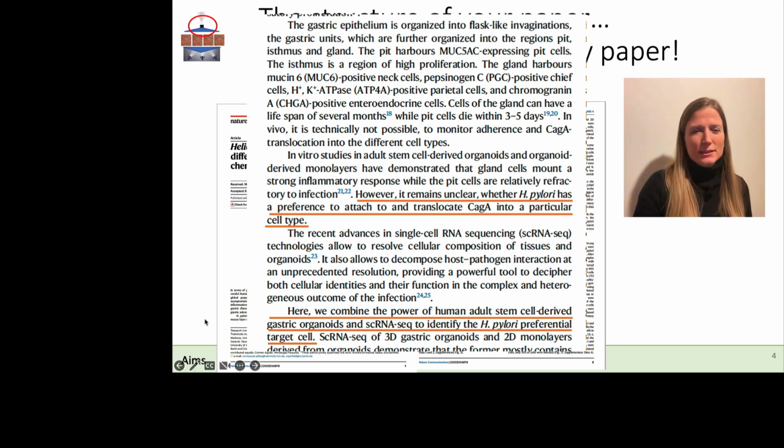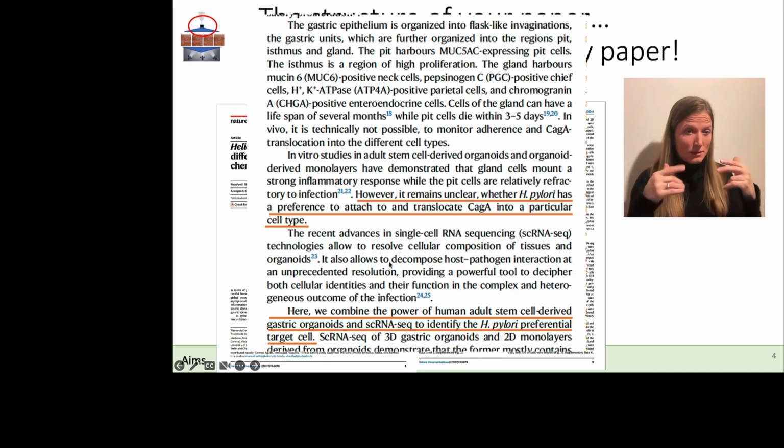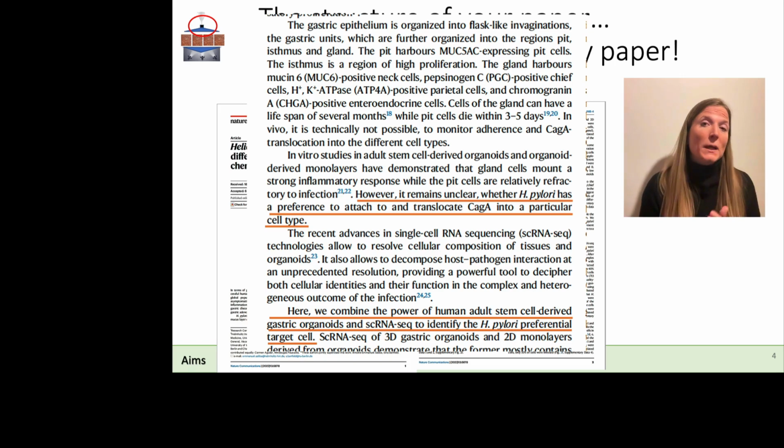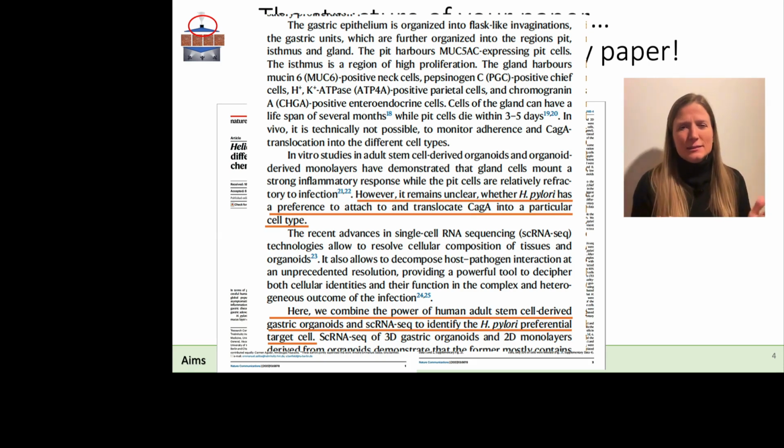In this paper, we inserted a bit of a technical paragraph to explain that this fantastic technology of single-cell RNA sequencing is now available and would enable us to address this question. It's not necessary. You can also go directly from the knowledge gap to your aim.